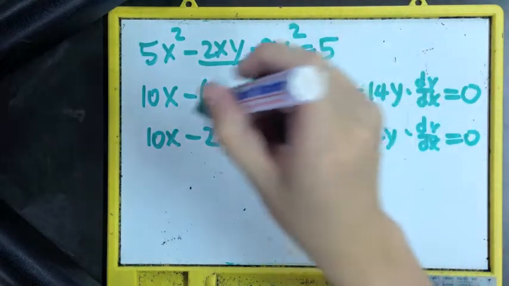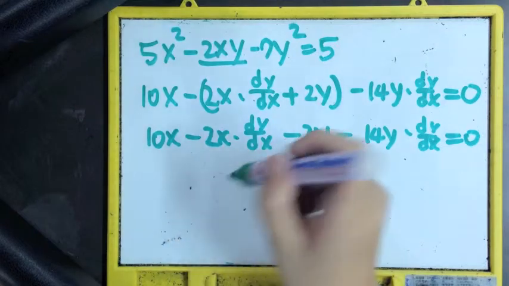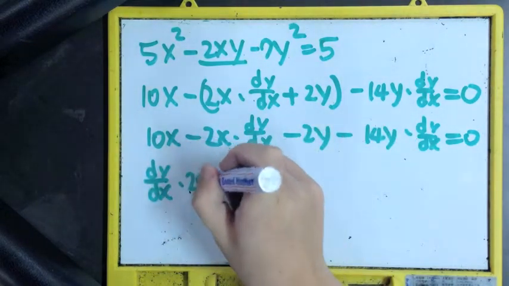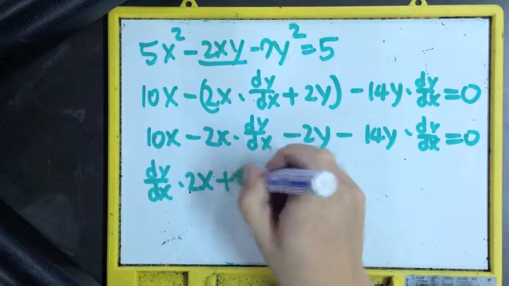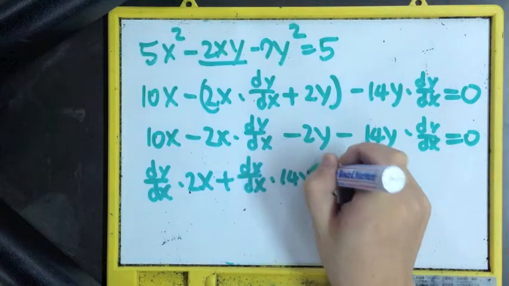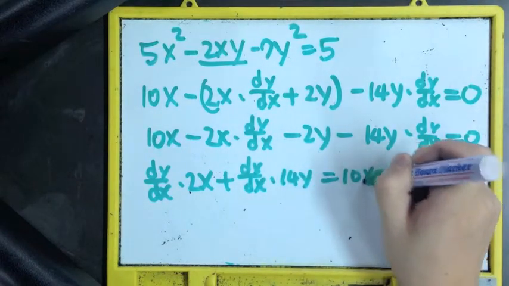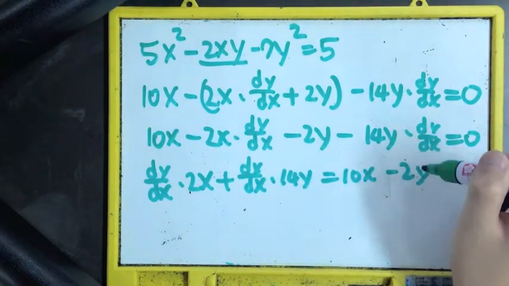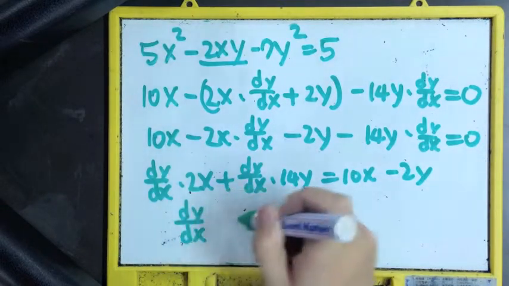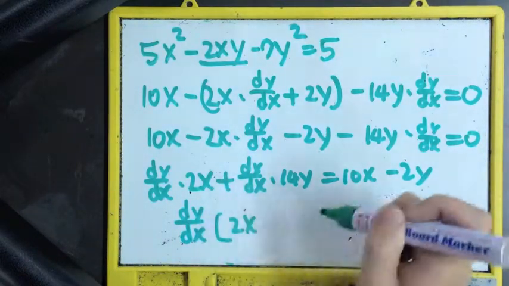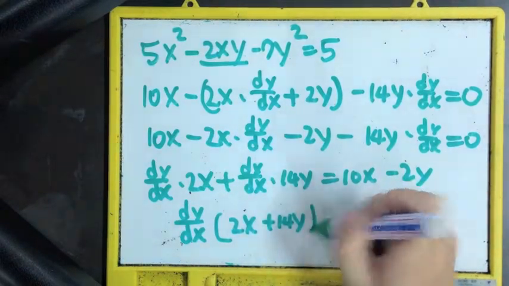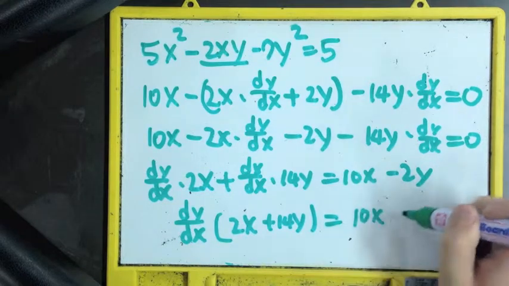And we put dy over dx all on one side, so dy over dx times 2x plus dy over dx times 14y equals 10x minus 2y. And we factor it out, so dy over dx times 2x plus 14y equals 10x minus 2y.